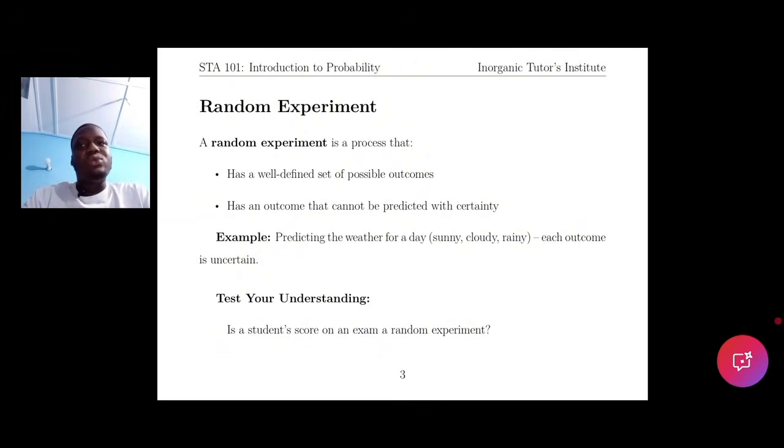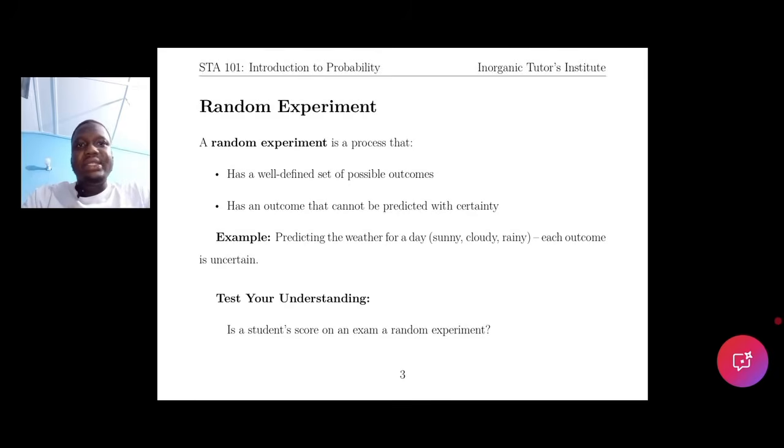If you're not able to tell us all the outcomes that we might see after conducting the activity, then we cannot conclude that the experiment is random. So you should be able to list all the outcomes even before we conduct the experiment. This is what would fulfill the first condition of being a random experiment.